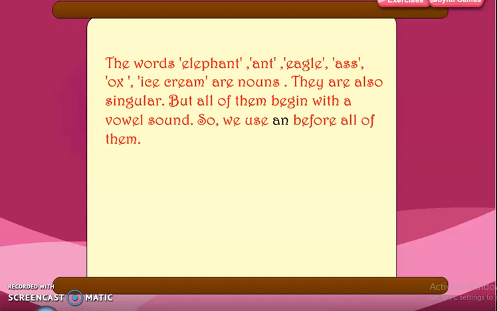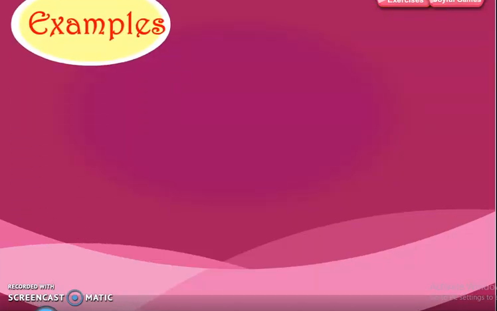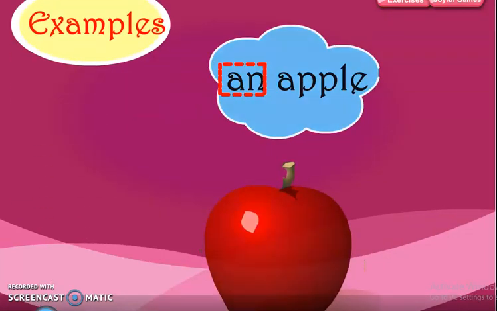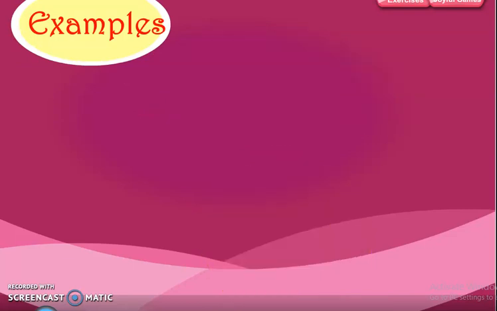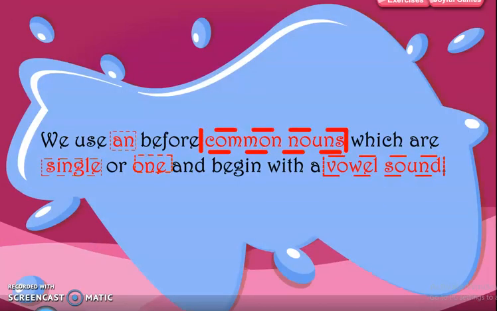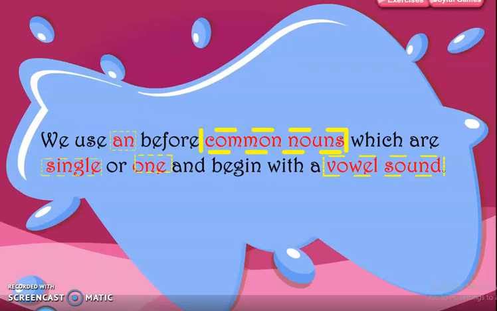See, now here elephant starts with e, ant, a, eagle, e, ass, a, ox, o, ice cream, i. They all start with a vowel sound, so always we use an before the noun. Examples: an owl, an apple, an orange. We use an before common nouns, which are single or one, and begin with a vowel sound.